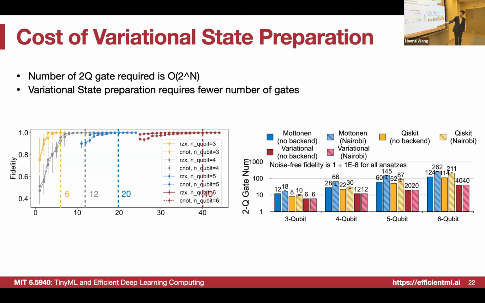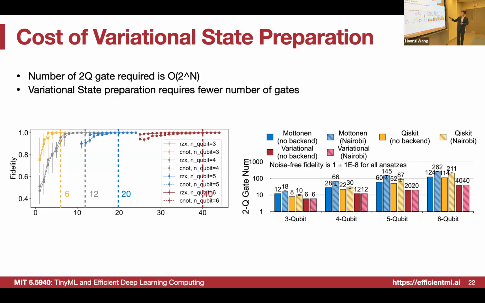We can see for 6, 12 or 20 qubits here, the number of 2-qubit gates is increasing. Here we can also compare our variational state preparation method versus other baseline decomposition-based methods. If we use the variational ones, which means you have some parameters in the circuit to prepare the state, then the usage of 2-qubit gates will be much smaller than the other baselines.